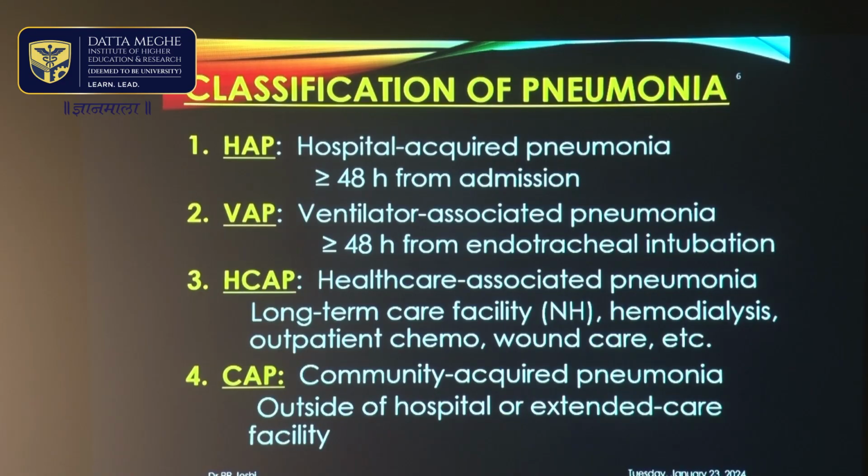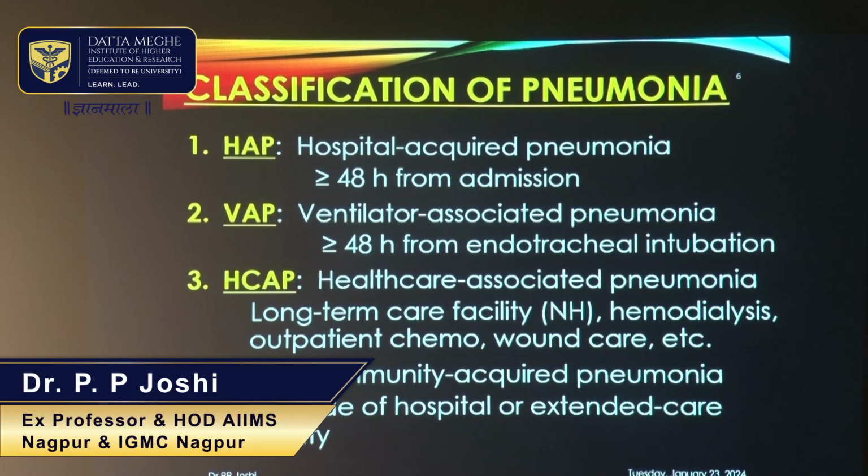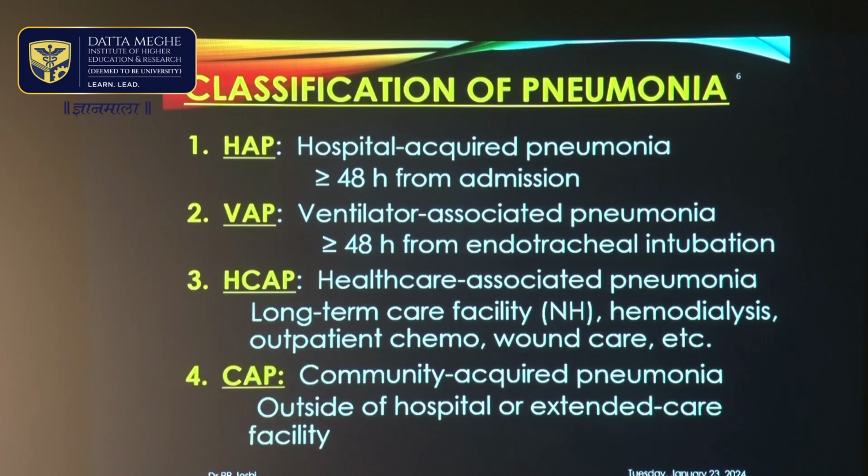Pneumonia can be classified as community acquired pneumonia, which I have just mentioned, in which the patient has acquired pneumonia outside the hospital or in an extended care facility. Then hospital acquired pneumonia, where the patient has developed pneumonia after 48 hours from admission. Ventilator associated pneumonia, that is, the patient has developed pneumonia after 48 hours of endotracheal intubation when put on a ventilator.